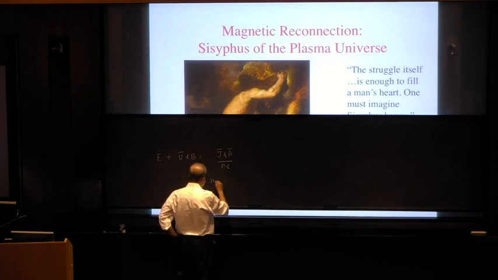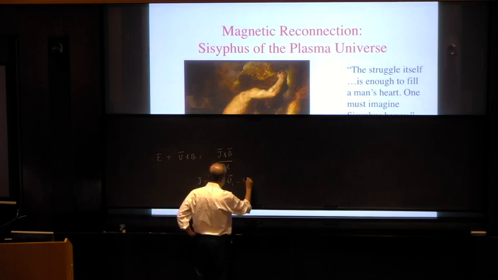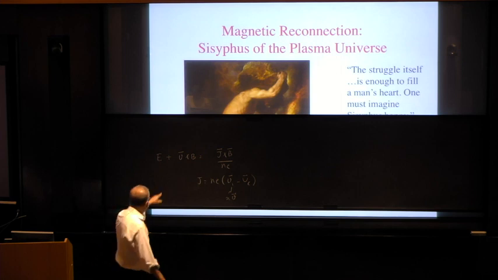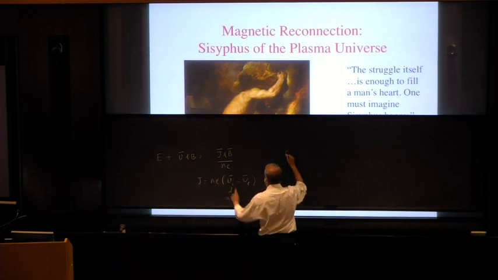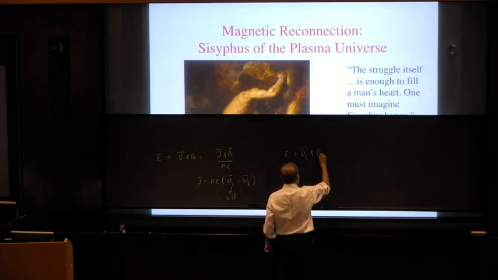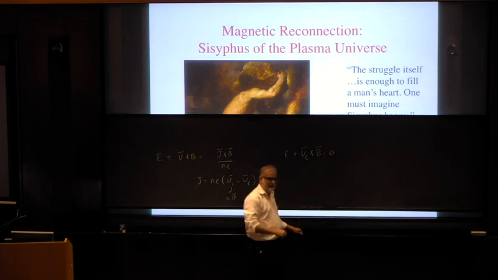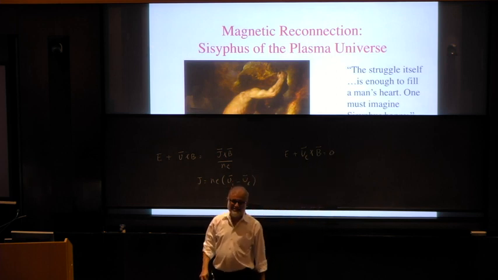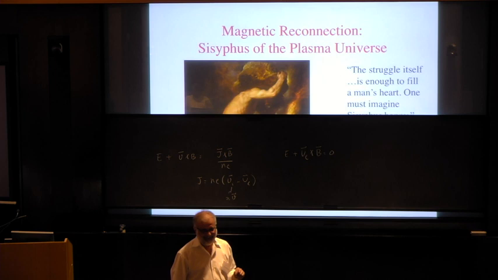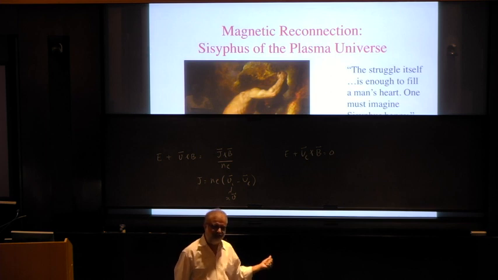But J is, and Vi is in fact V, very roughly speaking, as I just indicated if you take that into account. So you can rewrite that equation by moving it to the right and using this relation, whereby it will become E plus Ve cross B equals 0. What that means is that the Hall current leads to electron freezing, but not ion freezing. So you don't really break the frozen-in flux condition at the electron scale, even when you have Hall.